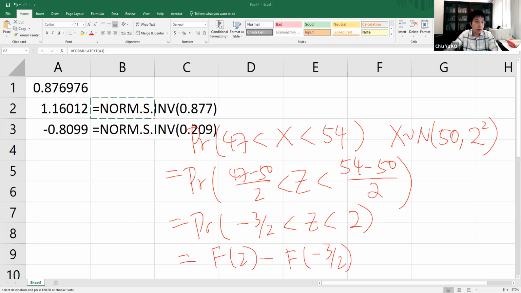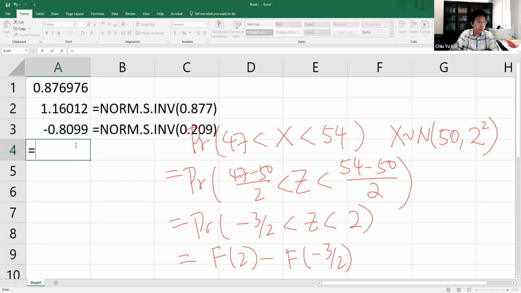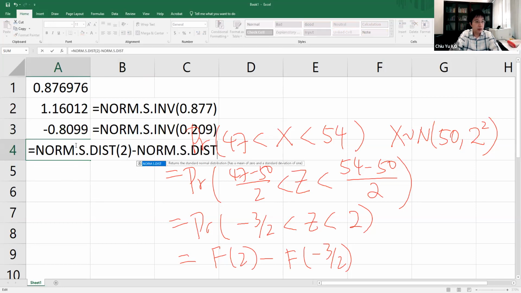Where's my Excel? Okay, so we need F(2). So NORM.S.DIST(2) minus NORM.S.DIST(negative 1.5), and we need to say TRUE.